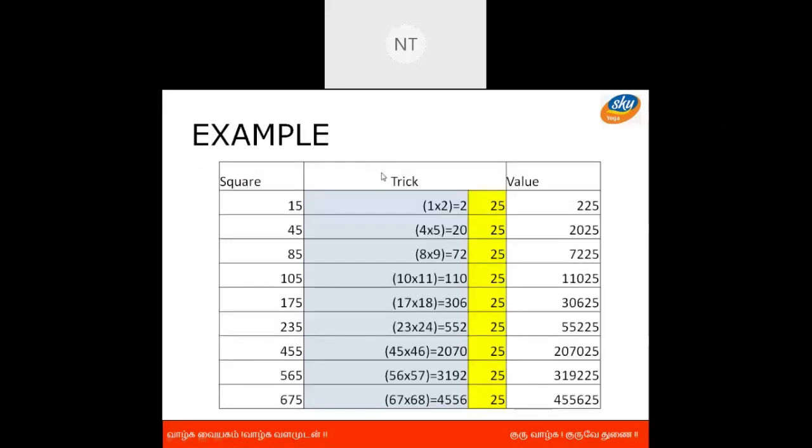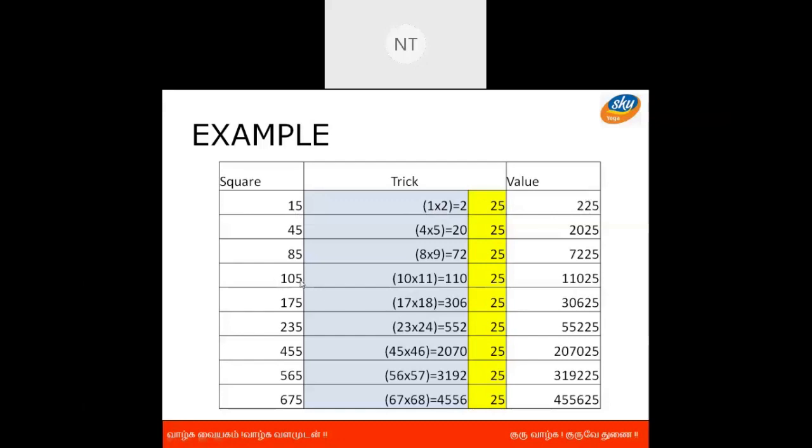Look at this example, maybe you can easily find it here, like 15. What is the next number after 1? 2. So 1 into 2 is 2. The 25 is default for all numbers ending with 5. So this becomes 225. That is why the value of 15 square is 225.